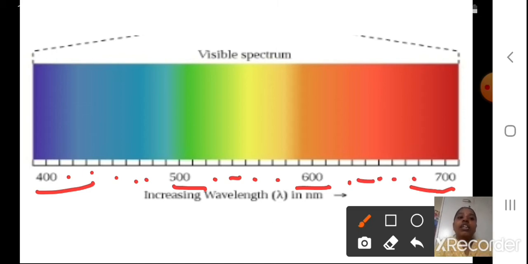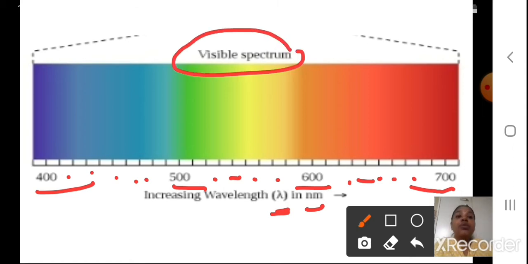Wavelength we show by the symbol lambda, which you will study in your higher classes. The unit is nanometer. It is written as visible spectrum because you can see the 7 colors, especially in a rainbow, which you can see during the rainy season. 7 colors, a spectrum of colors.